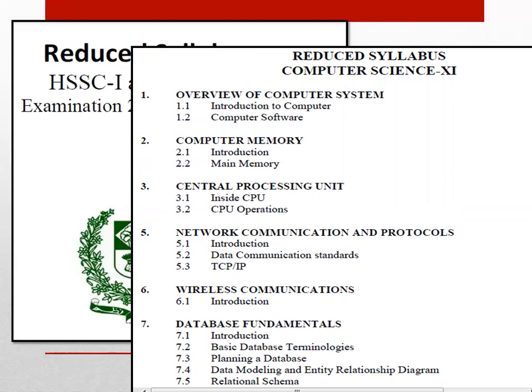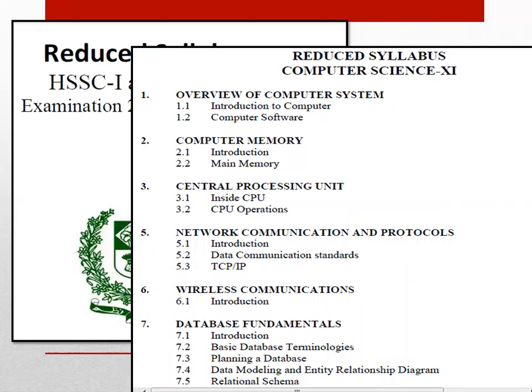So here we have the reduced syllabus of computer science. Chapter number 1, overview of computer system. In chapter number 1, we have 1.1 introduction to computer and 1.2 computer software. They reduced 1.3 and cut down the topic 1.3 from chapter number 1.